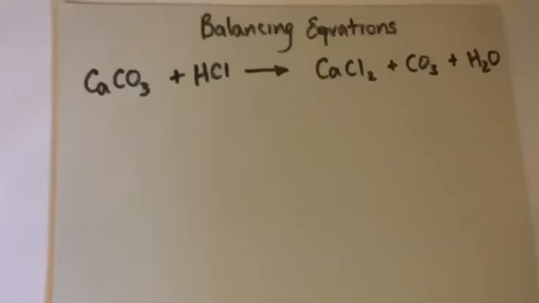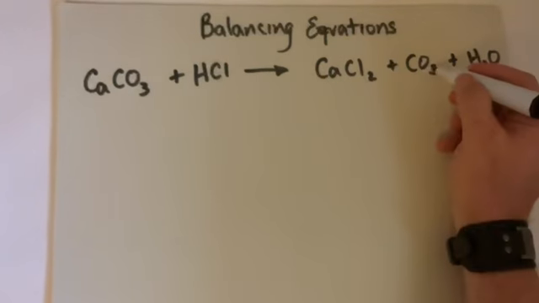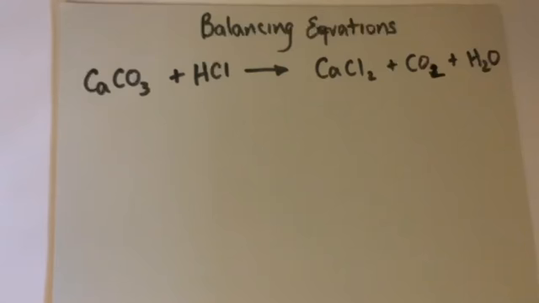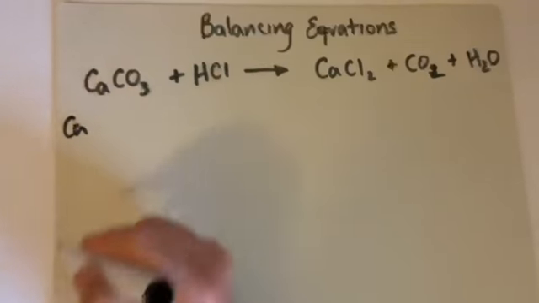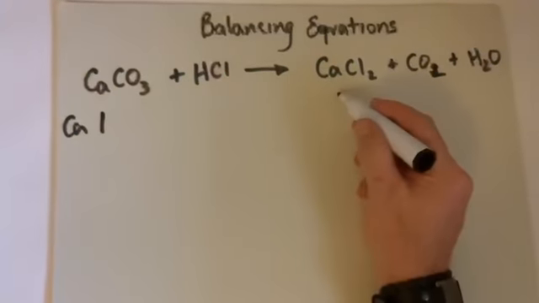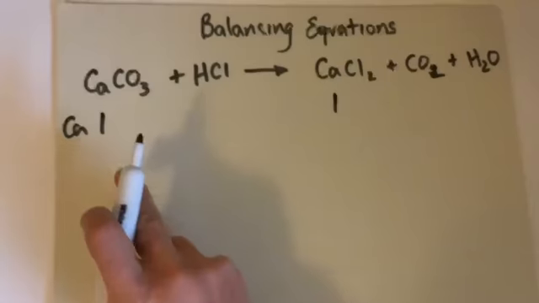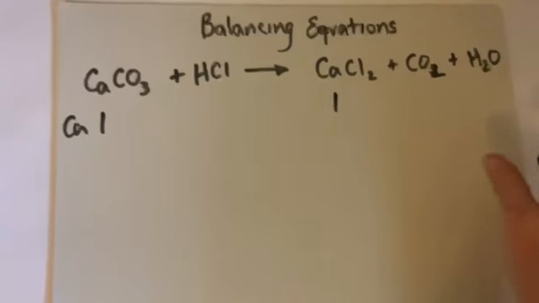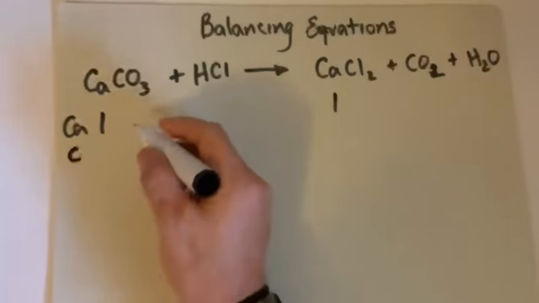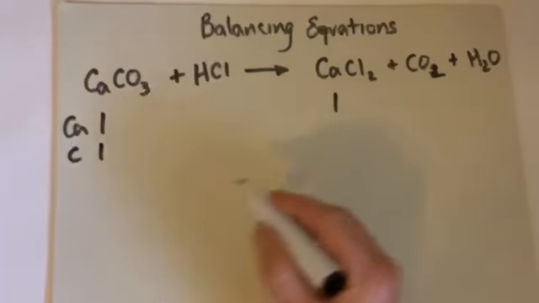We have here the equation for calcium carbonate reacting with hydrochloric acid to give us calcium chloride, carbon dioxide gas, and water. Calcium: we have 1 on this side, 1 over here. The CO3 is not present on both sides, so we have to treat that as separate elements. Carbon: 1 here, 1 there.